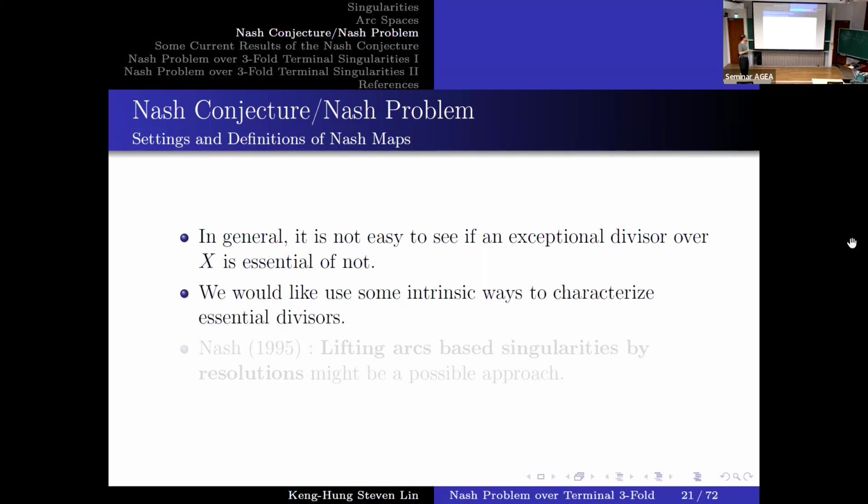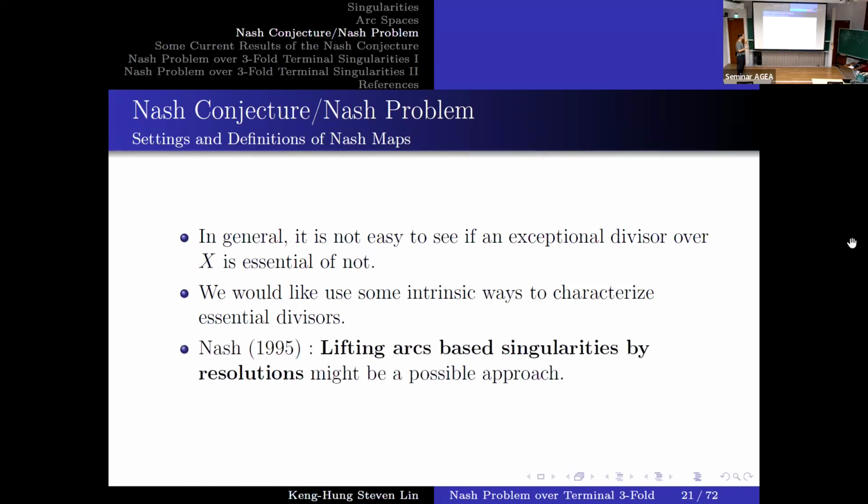So we want to use some intrinsic way to characterize the essential divisors of X without using resolutions. This comes from arcs, and it was proposed by John Nash.